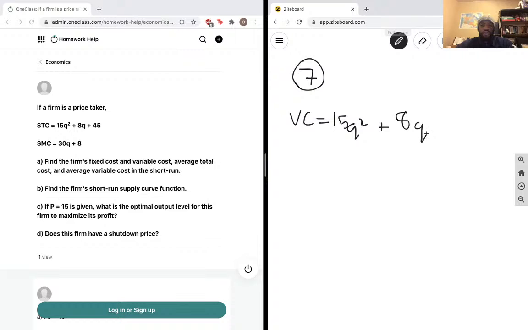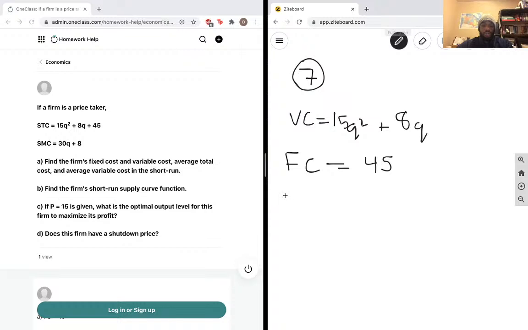And because it depends on what Q is, that's why it's a variable cost. The fixed cost here is simply 45. And that means even if quantity were to be 0, the cost would still be 45.